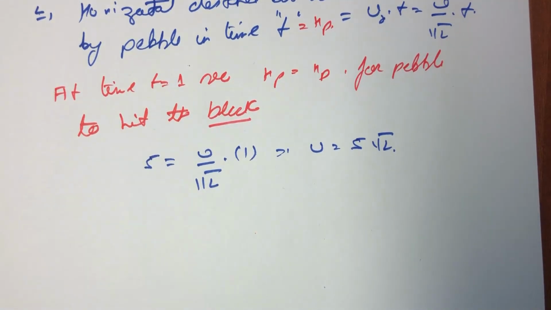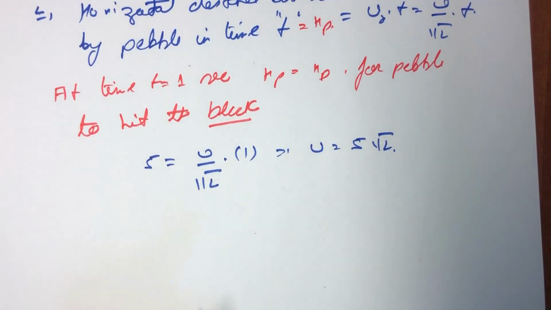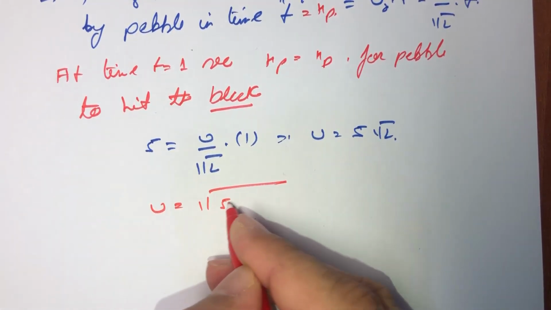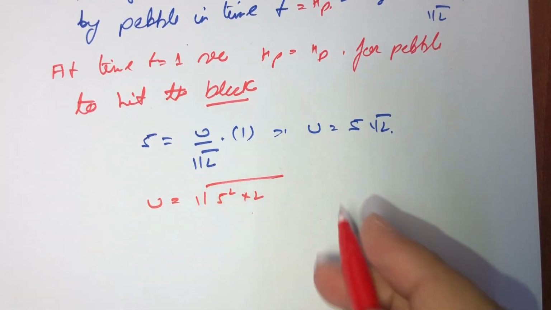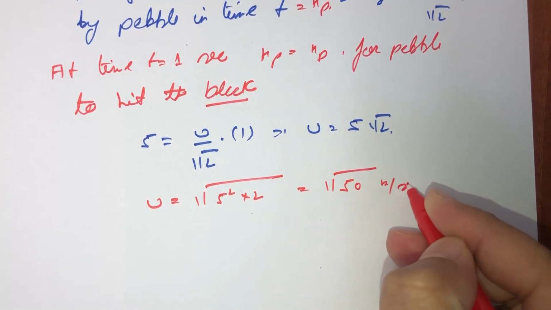And the options that are given to us are in terms of square roots, so we can modify it. We can write that v will be equal to square root of 5 square multiplied by 2, and this gives square root of 50 meters per second.